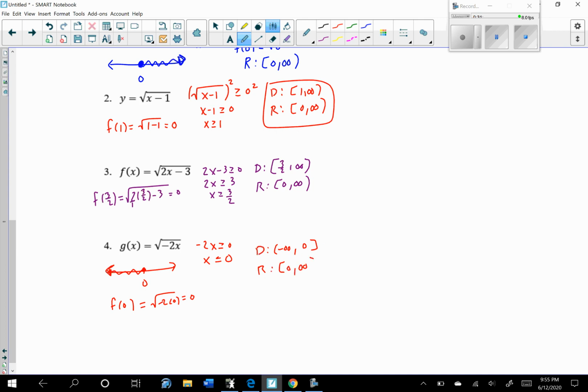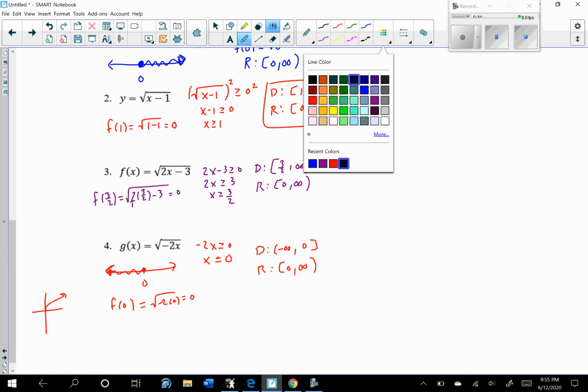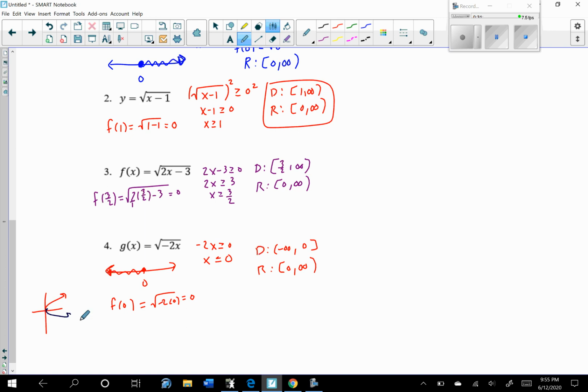And the next question you probably have is, well, how do I know that it's not negative infinity to 0 for the range? Well, recall when we talked about transformations. What would make our graph, instead of opening this way, open down going this way? That would be a reflection across the x.